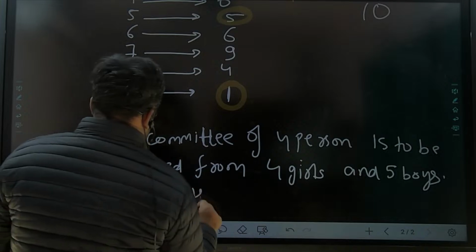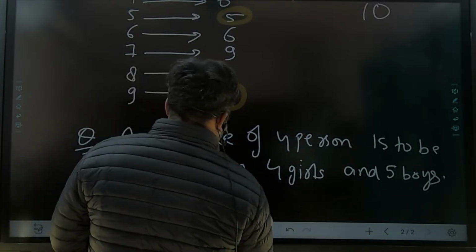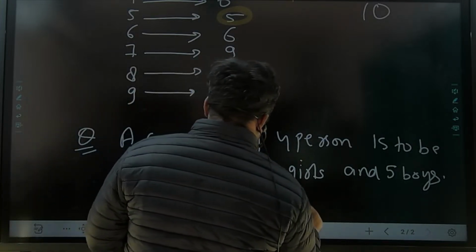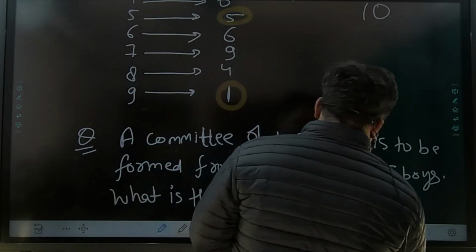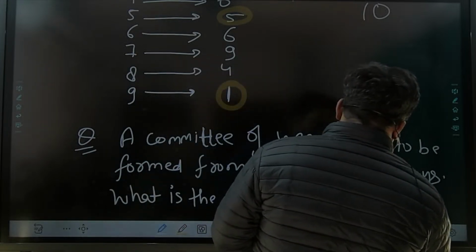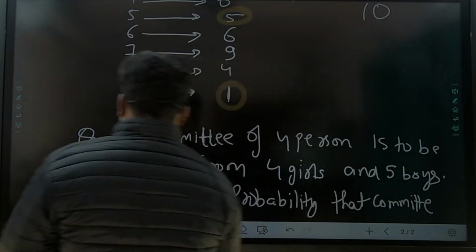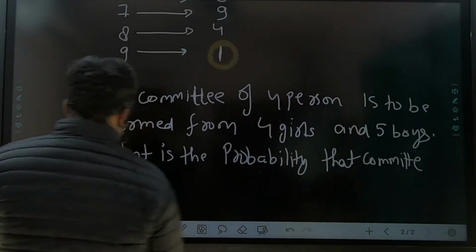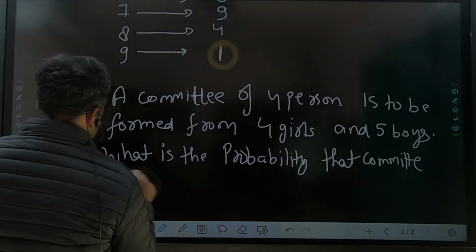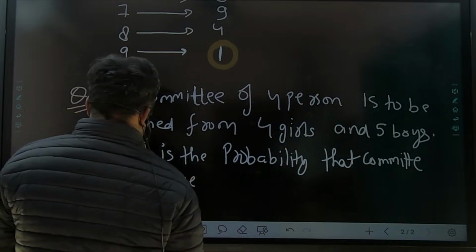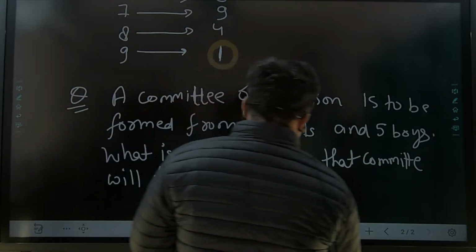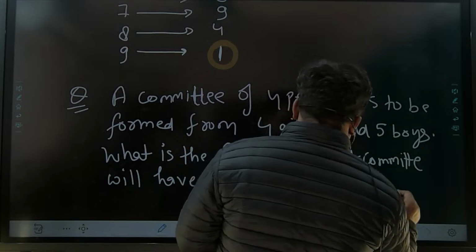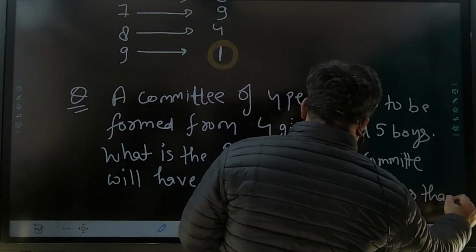What is the probability that the committee will have number of boys less than number of girls?